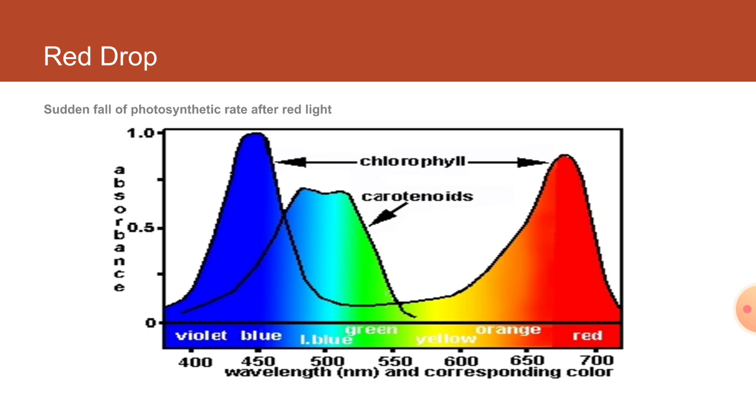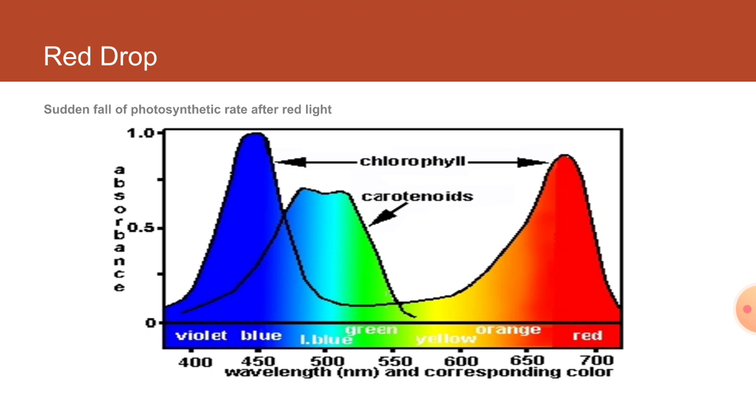A red drop. Actually, in the last video lecture, we have come to know that plants mainly absorb visible region light, the light that is present between the lower wavelengths of light and higher wavelengths of light. Generally, this visible region lies between 360 nanometers to 700 nanometers.